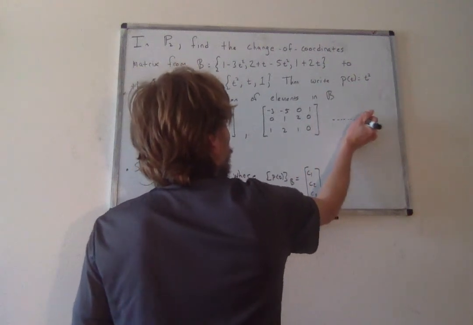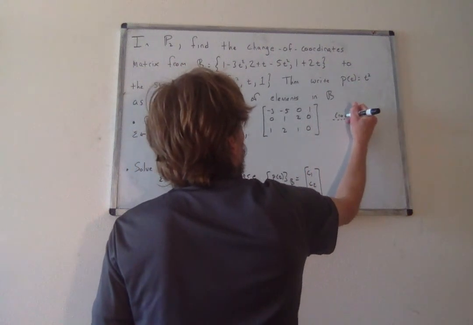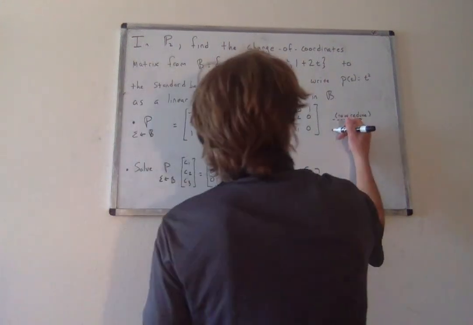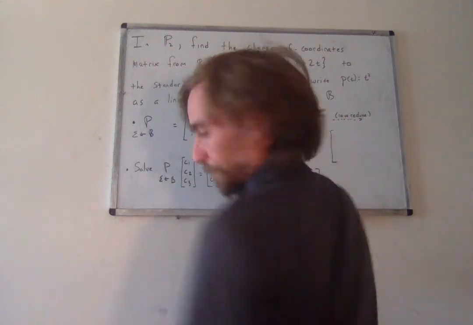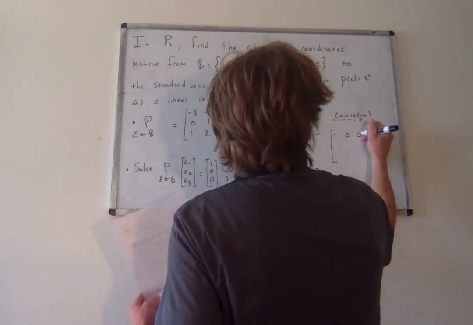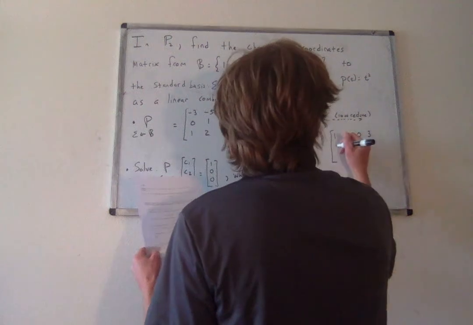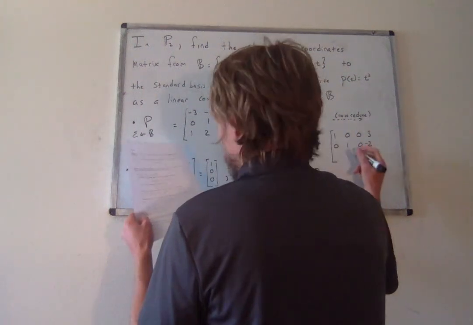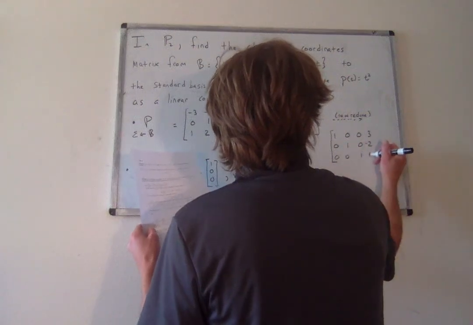And so doing some row reduction steps, I got the following row reduced matrix: 1, 0, 0, 3; 0, 1, 0, negative 2; 0, 0, 1, 1.